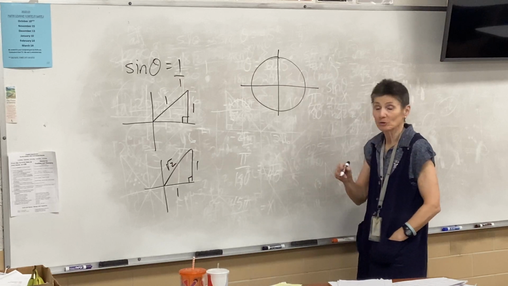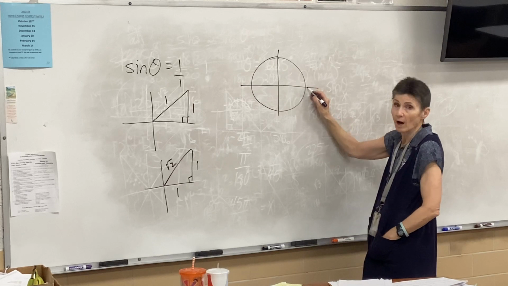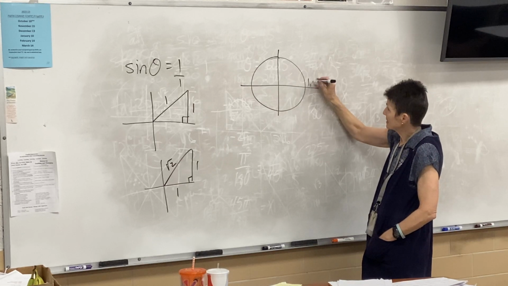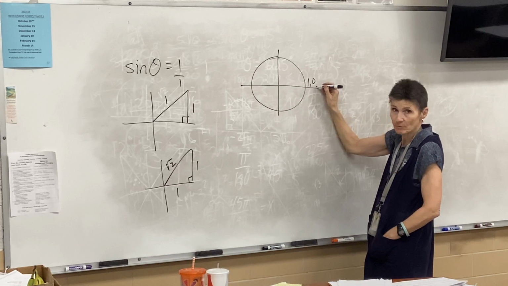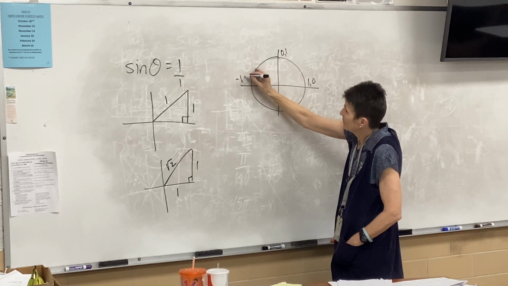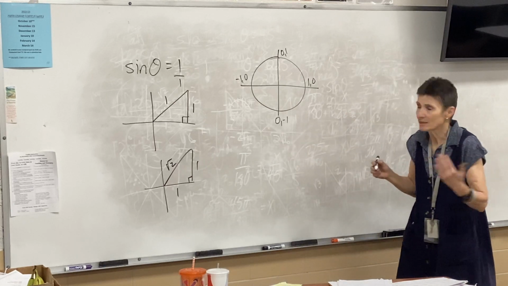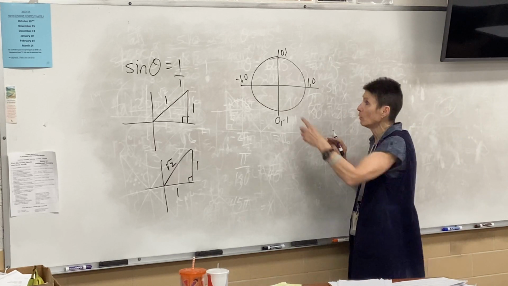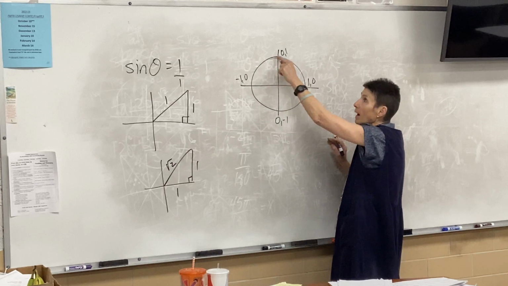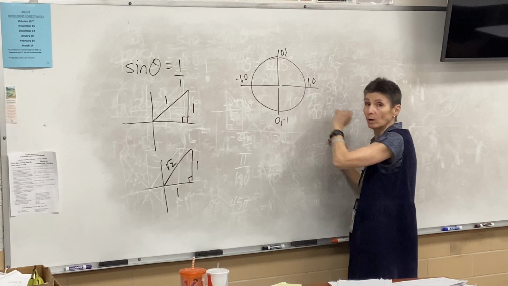And if the radius of the circle is 1, then this is 1, comma 0. This is 0, comma 1, negative 1, comma 0, and 0, negative 1. I'm not memorizing those, that's just natural plotting points. Here's the origin. Up 1, left 1, down 1, right 1.